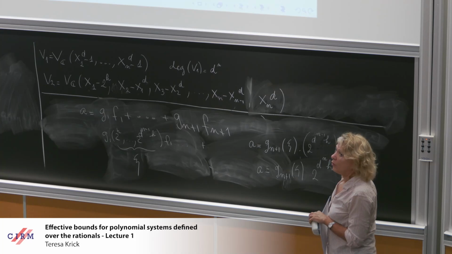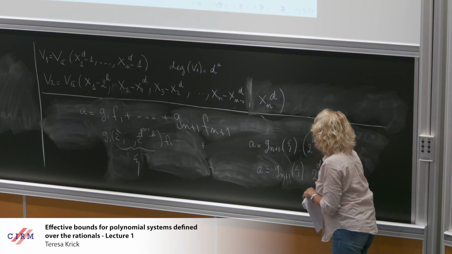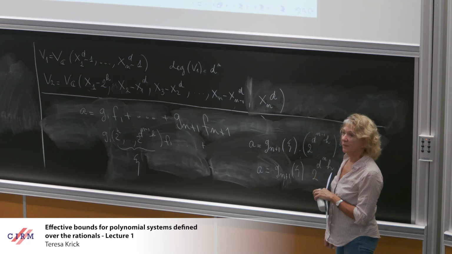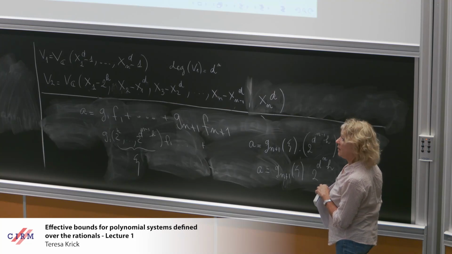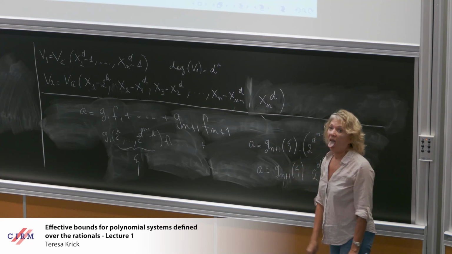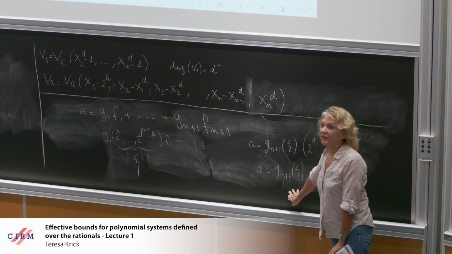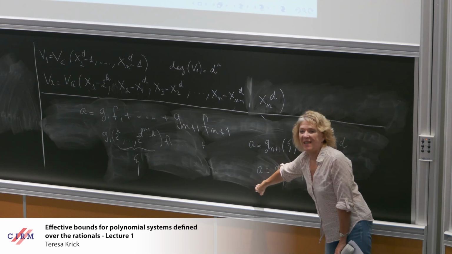I want to figure out why now A has to be at least this. G_{n+1} is an integer polynomial, right? Yes. Which takes integer values at zeta, yes, this is integer. Everything is integer. So this number divides this A.